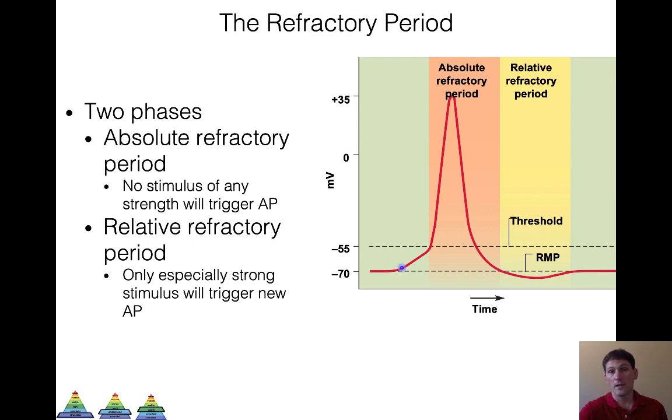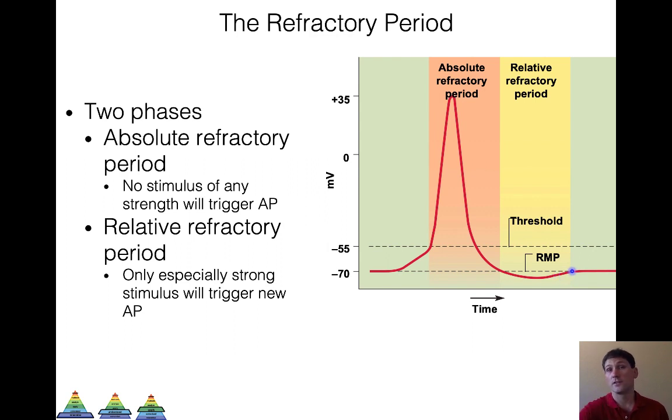So now, if we have a difference of 15 millivolts here between our resting membrane potential and our threshold, but if we have the hyperpolarization or inhibition, and now we're at negative 75 millivolts, we have a difference of 20 millivolts. So it's going to be a little bit harder to get back to threshold. And so we need a bigger stimulus in this little relative refractory period.